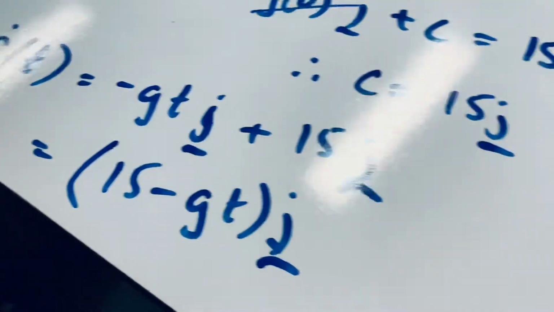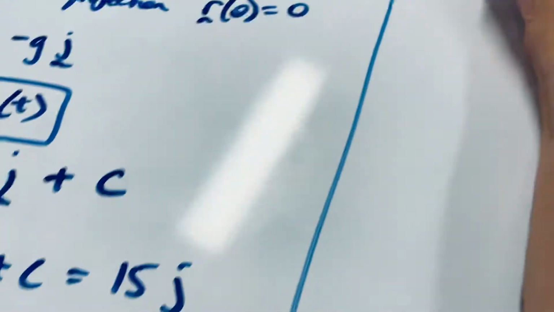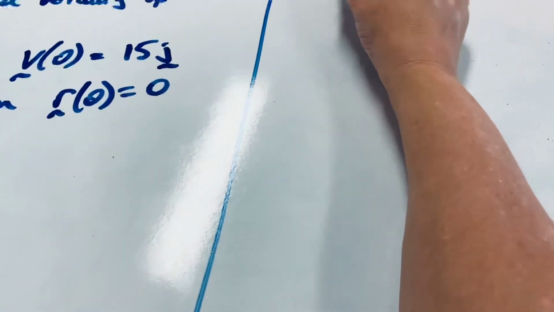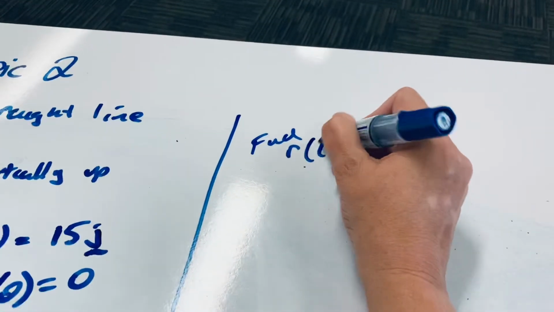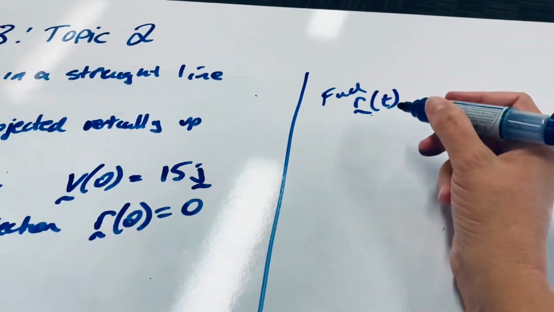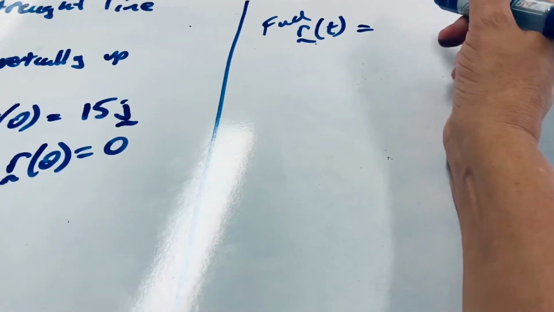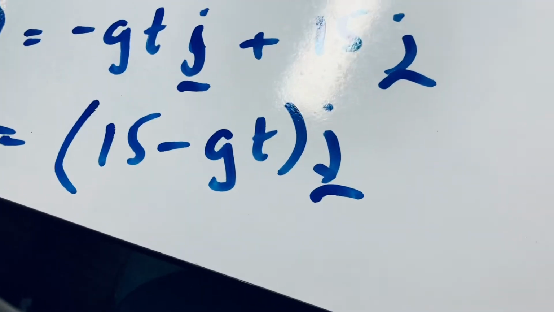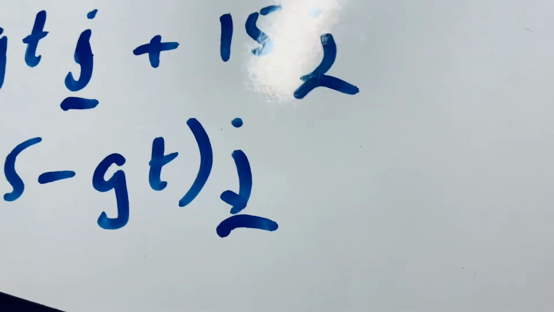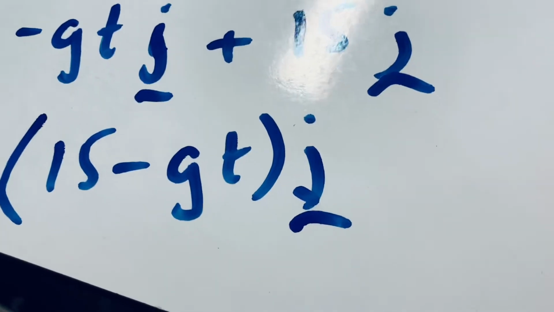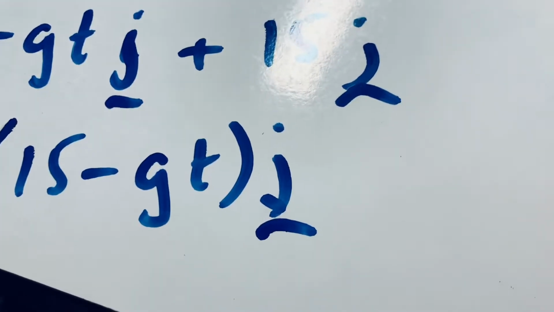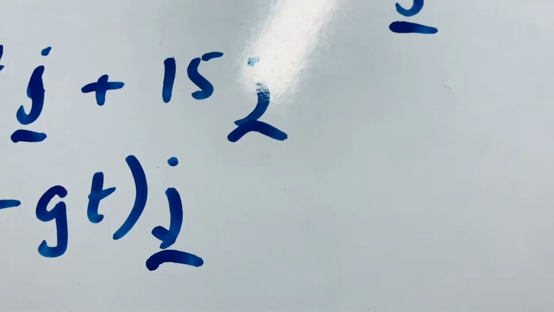Next, we're asked to find the position vector, so we want to find r(t). So we've got to integrate again. r(t) is going to equal, now we're integrating this, so that's going to become 15t minus gt squared on 2, all j, plus c.